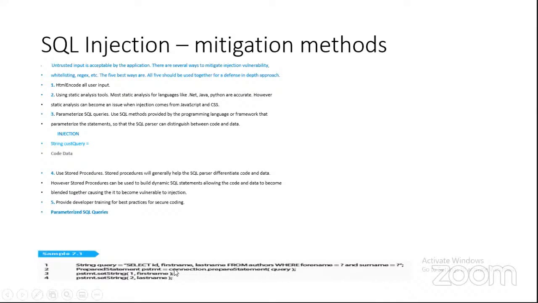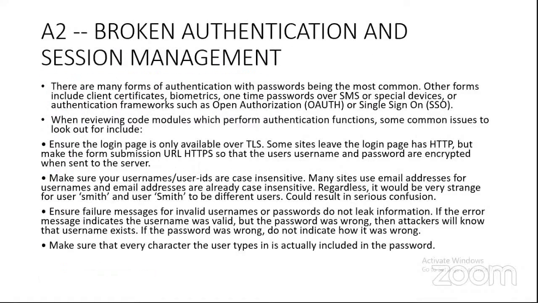Then you have set string 1 as the first name and set string 2 as the last name, and those two are checked to make sure they are valid entries. So validation is a very big part of request handling when a request comes from the internet. So that is A1.